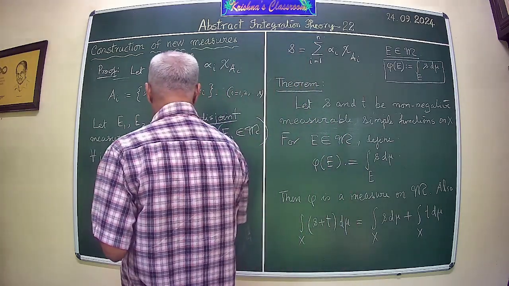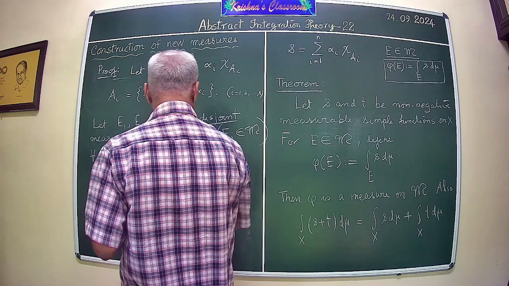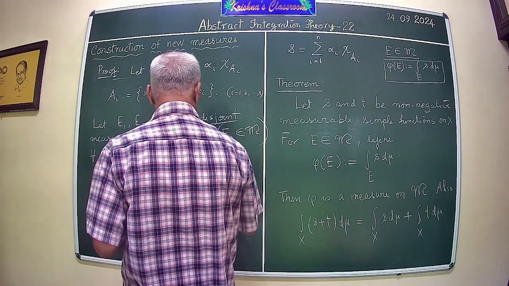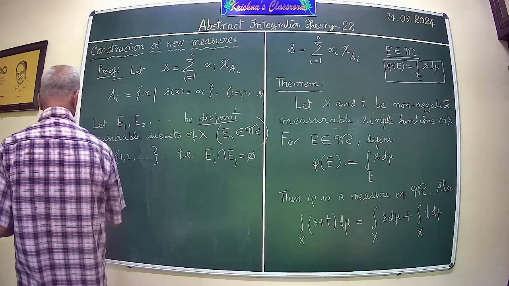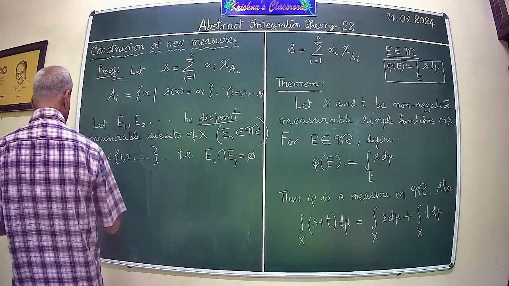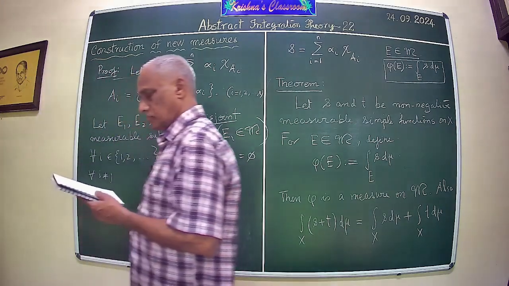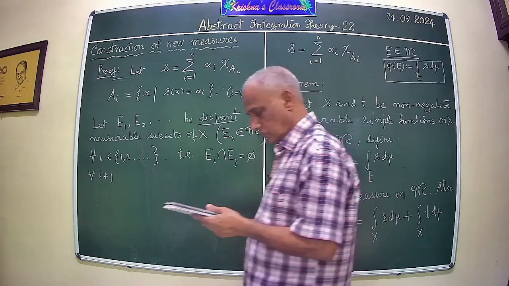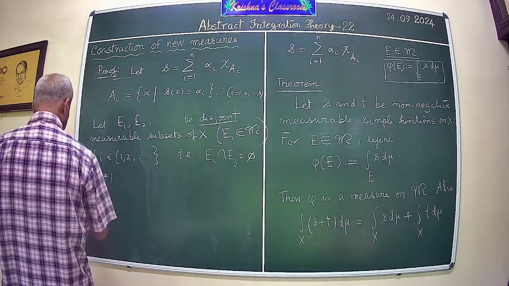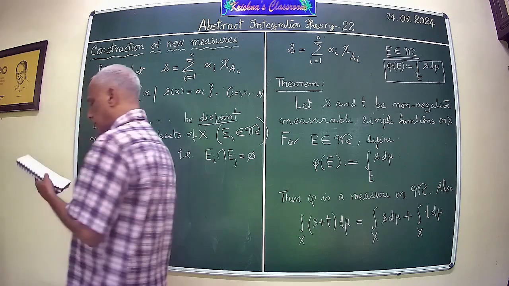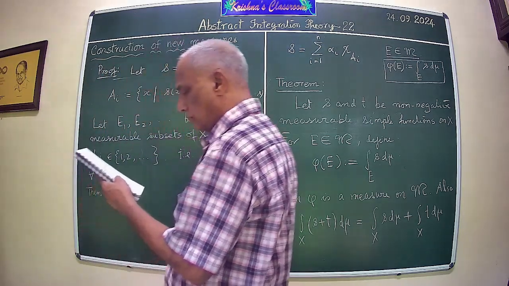That is, you have the union also there. Now we use the countable additivity of mu.